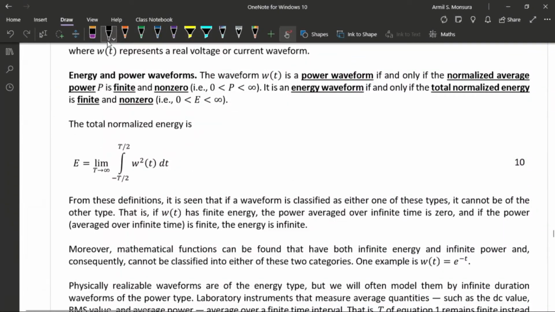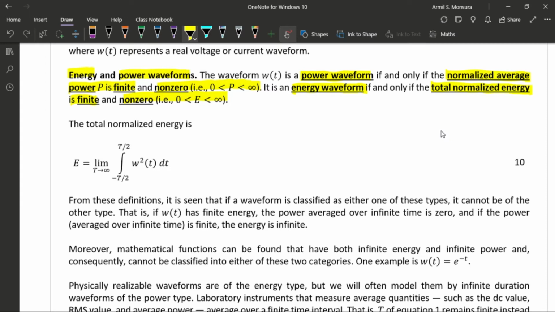Now we classify your waveforms into energy and power waveforms. A waveform is a power waveform if the normalized average power is finite and non-zero. The waveform is considered to be an energy waveform if the total normalized energy is finite and non-zero. So how do we find the total normalized energy and the total normalized power?